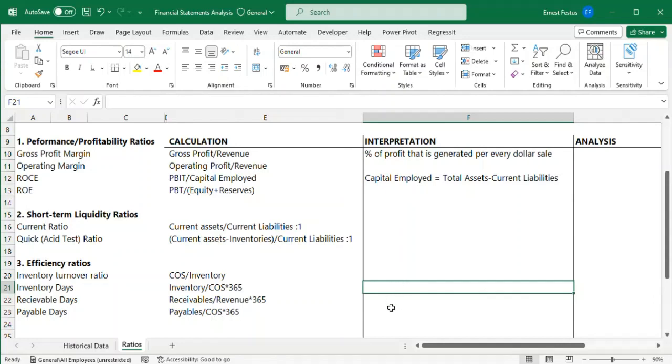So the lower it is, the better, because when it is low, it means our inventory is fast moving. However, there are things that might result, which we might be looking at in just a few moments.